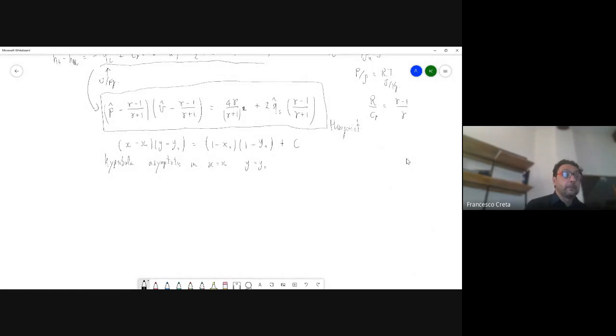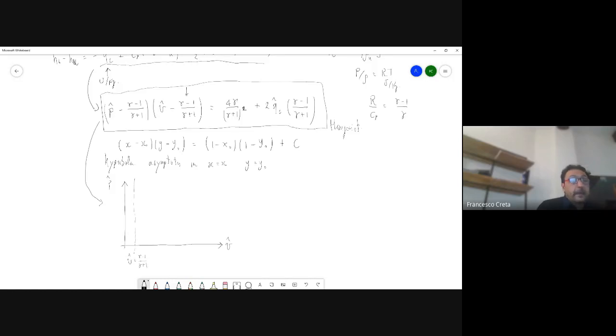If we look at this particular case, we have that the two asymptotes, on our usual v hat, p hat plane, will be essentially this one, which is v hat equals this value here, gamma minus 1 divided by gamma plus 1.